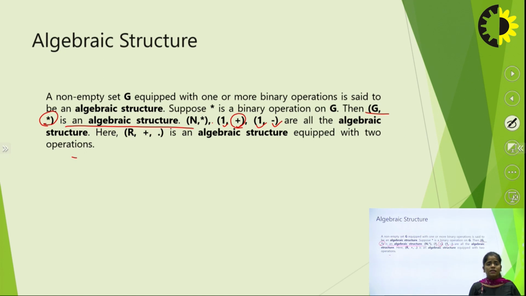So G here is a set which consists of elements, and star is an operator which varies according to your need, and this structure is known as an algebraic structure. Here one more algebraic structure is R, which is equipped with two operators, that is plus and dot. So R is also an algebraic structure with two operators, plus and star. So this is the definition of algebraic structure.